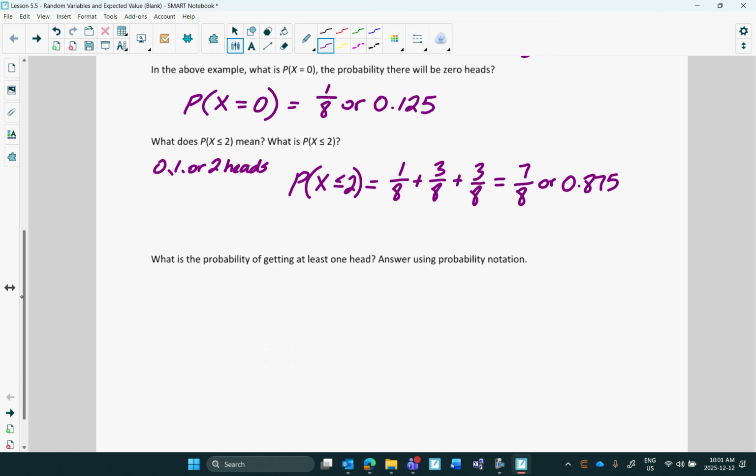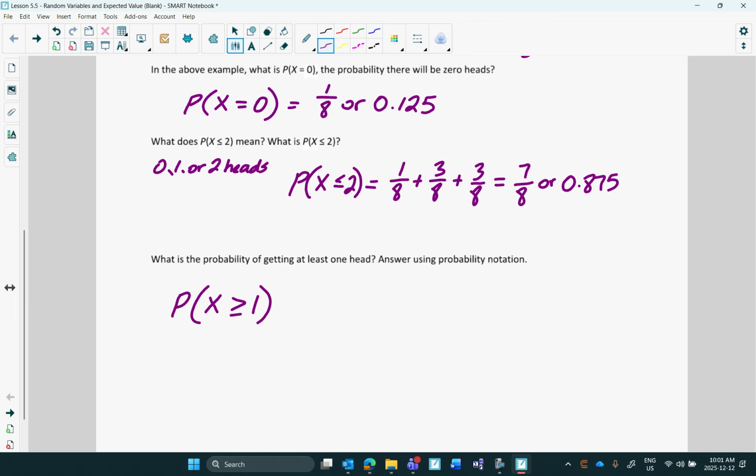How would you use notation to answer this question? The probability of getting at least 1 head: X is greater than or equal to 1.